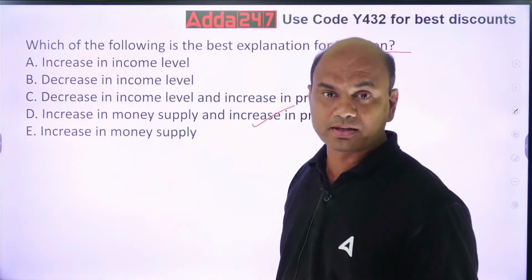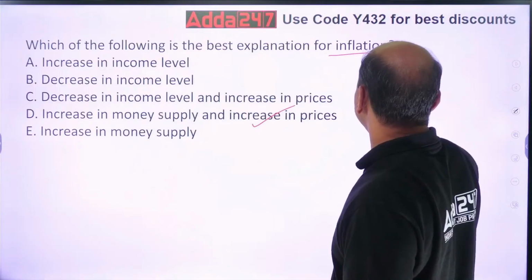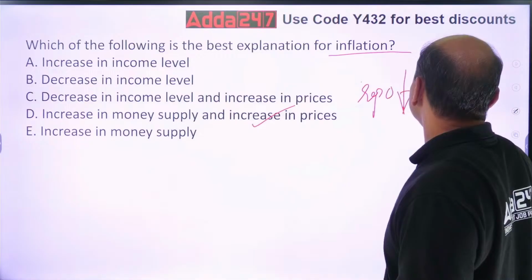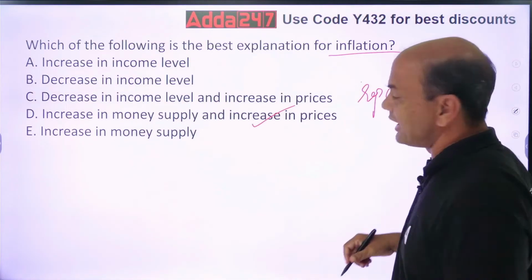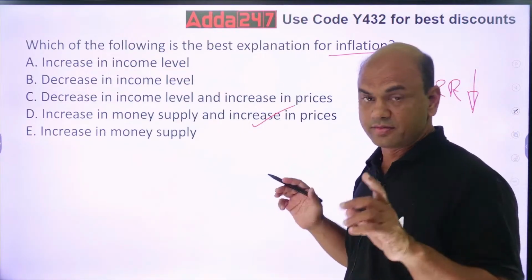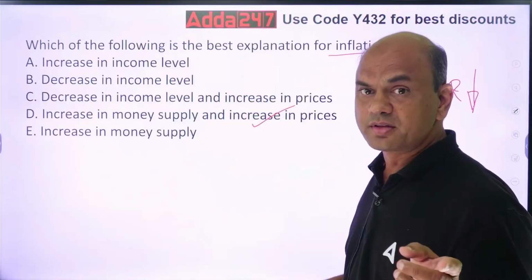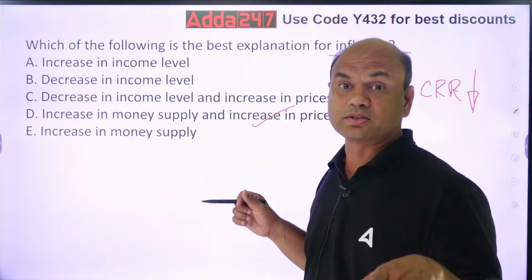Why will money supply increase? If RBI brings down the repo and CRR, these two are down, then also inflation might not increase, because in our country both are down, but inflation is not increasing. Why?